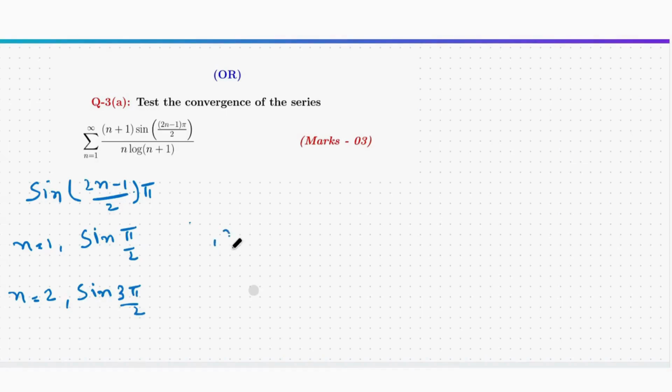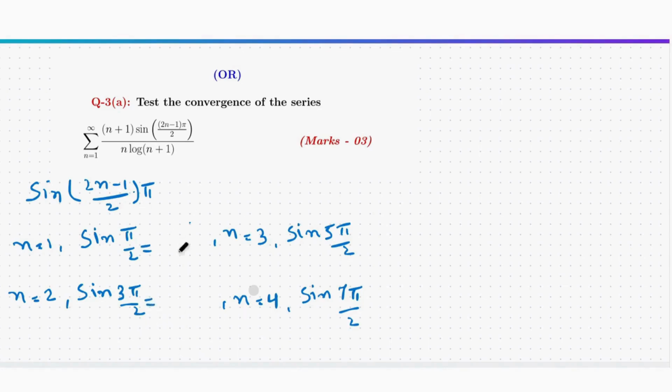Now put n equal to 3, 3 twos are 6, 6 minus 1 is 5 pi by 2, so we get sine 5 pi by 2. Now put n equal to 4, so we get sine 7 pi by 2, and so on.